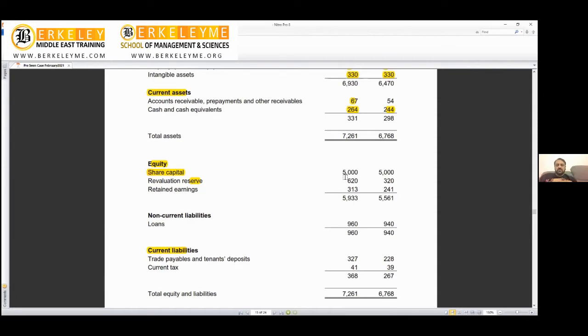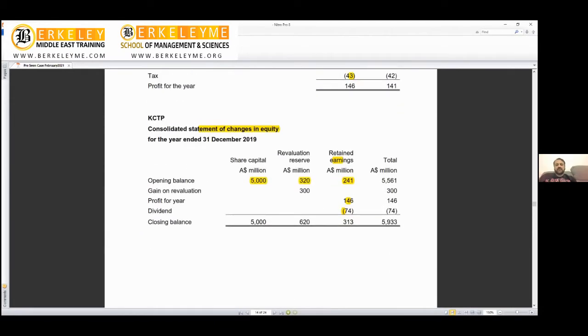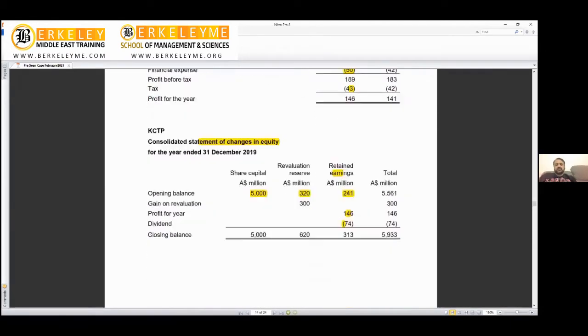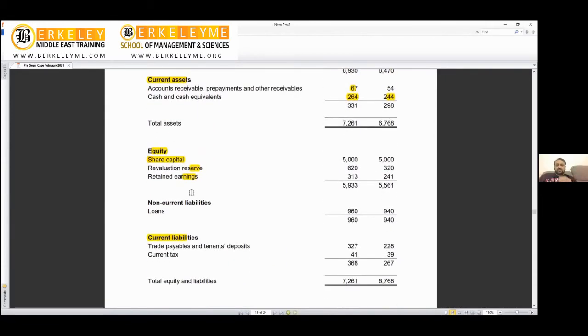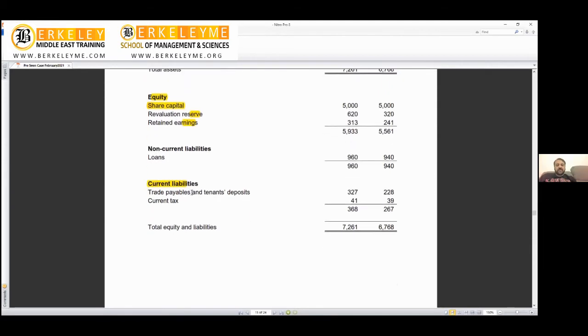So reserves, we use it for keeping our needs, long-term, short-term needs. Retained earnings are the year's earning, which you can cross-reference with your income statement. So how much has been retained? You have given a dividend, so whatever is left is in retained earnings.